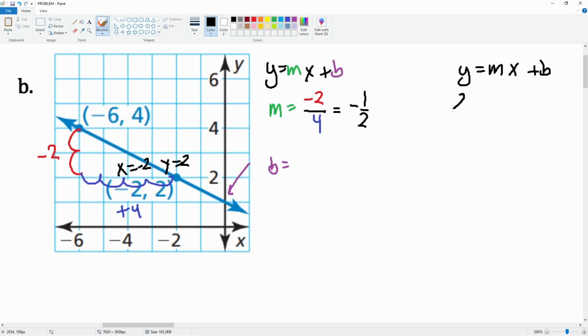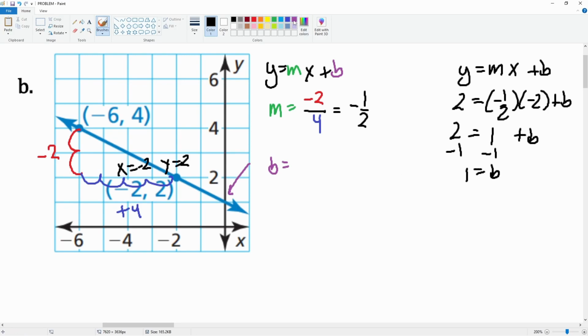My y here is 2, my m here is -1/2, and my x here is -2 plus b. A negative times a negative is a positive, so 1/2 times 2 is 1, so it's +1. Subtract 1 from both sides, and you get 1 equals b, which is that y-intercept. That is 0, 1, or you can say the b value is just 1.